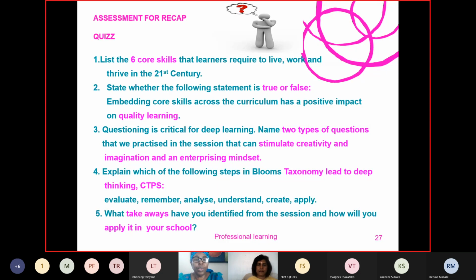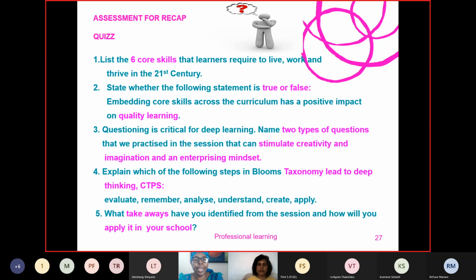Question number 3. Questioning is critical for deep learning. Name 2 types of questions that we practiced in the session that can stimulate creativity and imagination and an enterprising mindset.